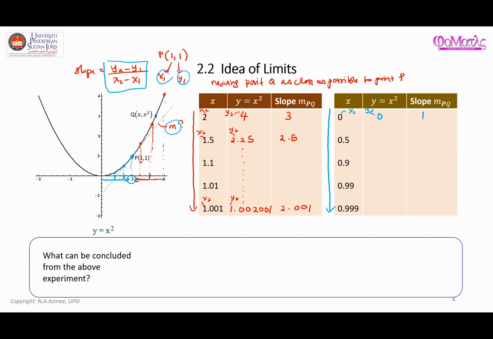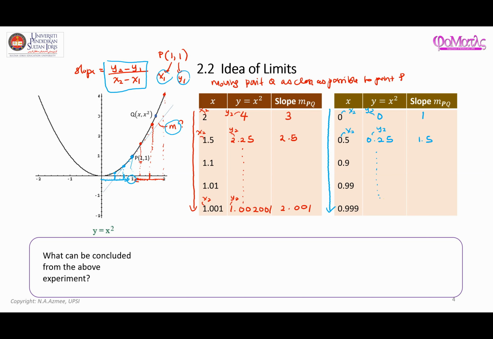Next, when x is 0.5, y is going to be equal to 0.25. So this is the value of x2 and y2. Plug in these values into this formula and you will see that the slope is going to be equal to 1.5. Now keep on doing this for other values of x.